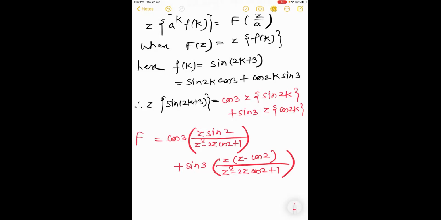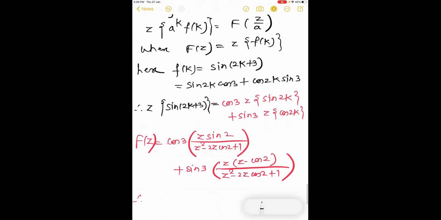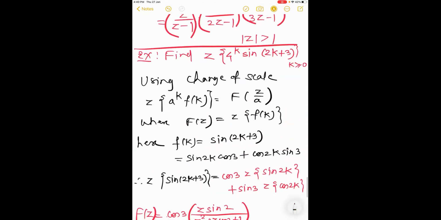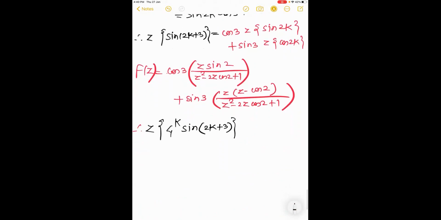Okay, so this is the value for fz, and therefore you are multiplying this with a raised to k. Therefore, the transform of 4 raised to k multiplied by sine of 2k plus 3 equals, what you are going to change is in z, you will be changing z by z by a.